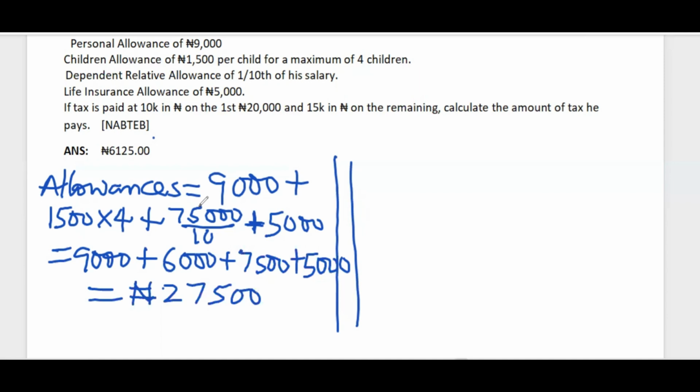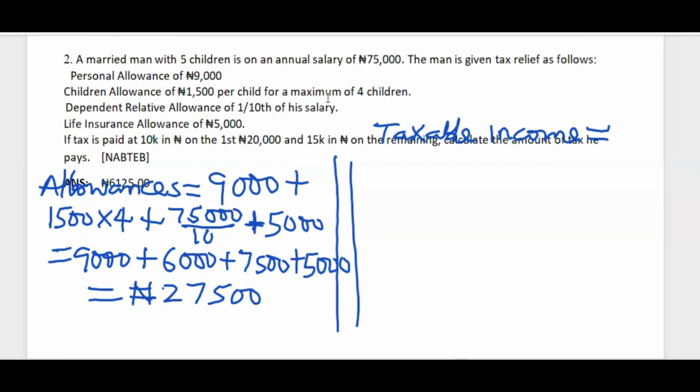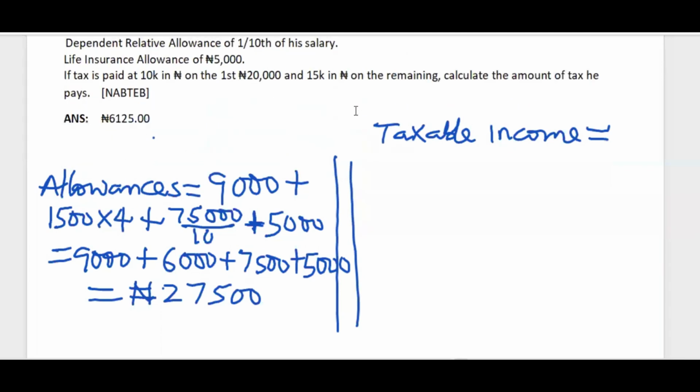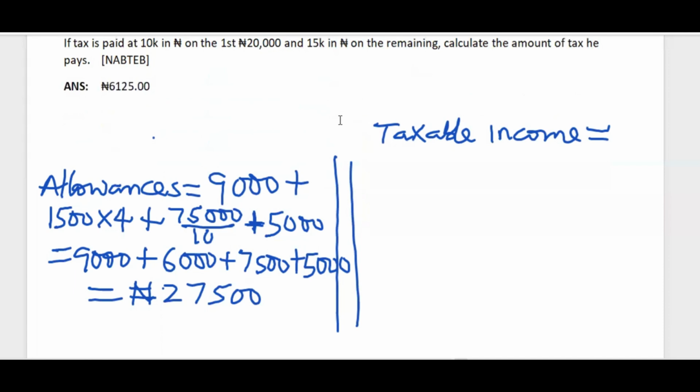For us to know the taxable income, the part of the income to be taxed will be equal to the total income minus the total allowance. Don't forget our total income is given as 75,000. So we subtract the total allowance from it. And the total allowance is what?